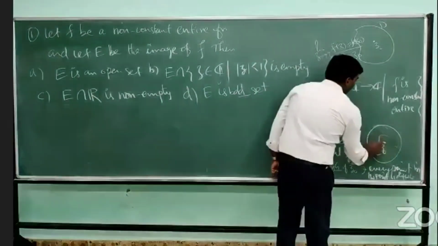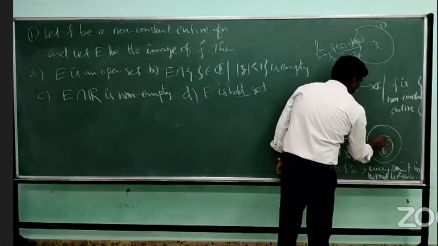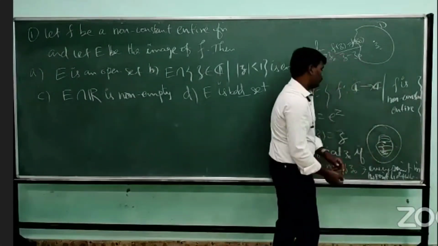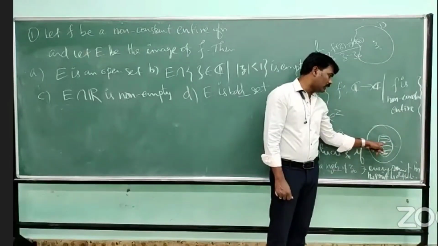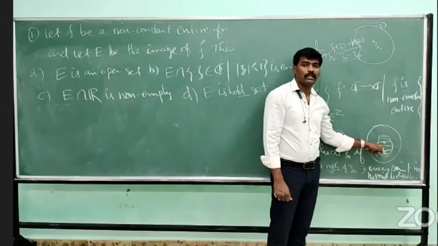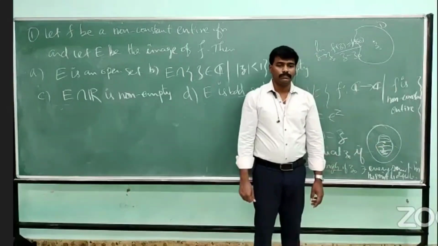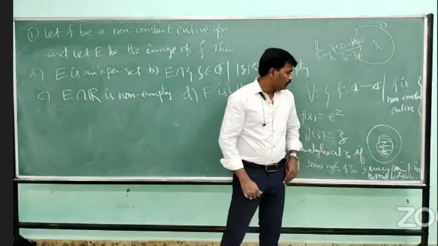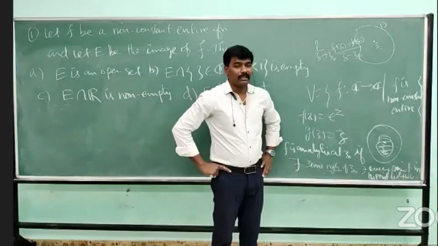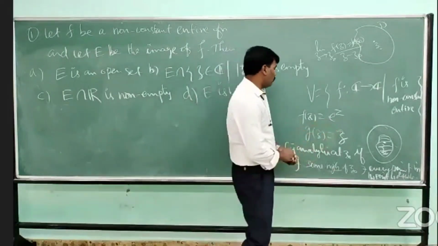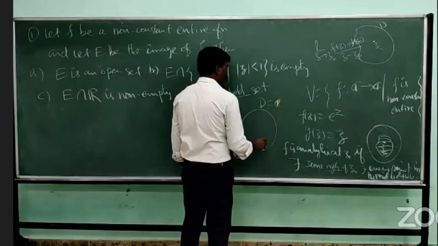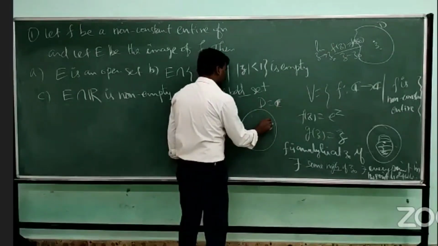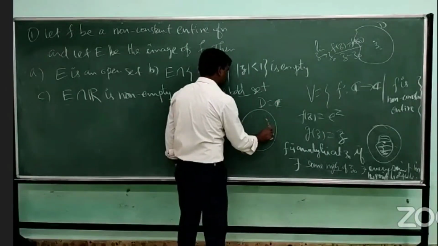Like this, suppose assume that this is some neighborhood. In this neighborhood, every point is differentiable. Then we call that F is analytic at this point. That is analytic. Now, what is the meaning of entire? Suppose now your domain D equals C. You take any point in the complex plane, some Z0.